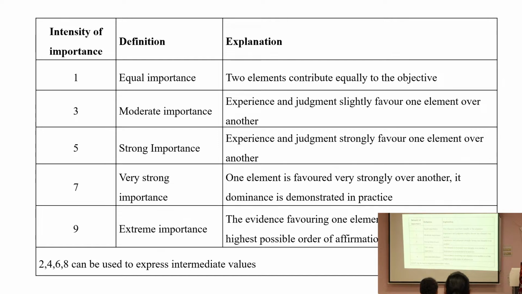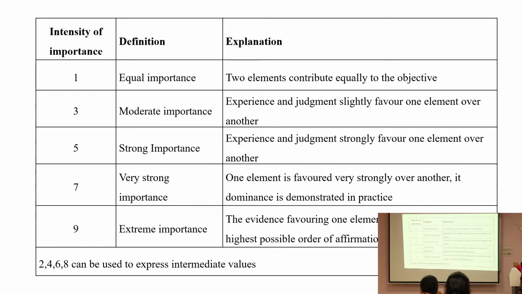So population, it is the most important factor, and if you keep it in first number, then you take it as equal importance, that is 1. Okay. So two elements contribute equally to the objective. Okay. Next 3 is moderate, like 1, 3, 5, 7, 9, these odd numbers have been given, but you can give the intermediate values like the even numbers 2, 4, 6, 8.